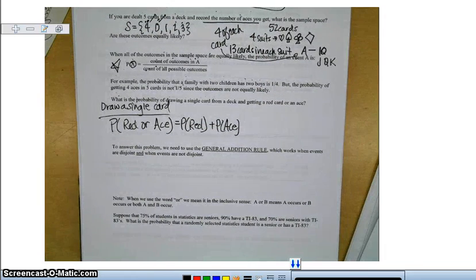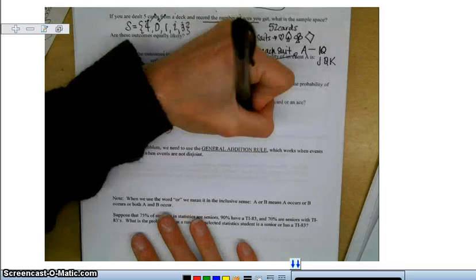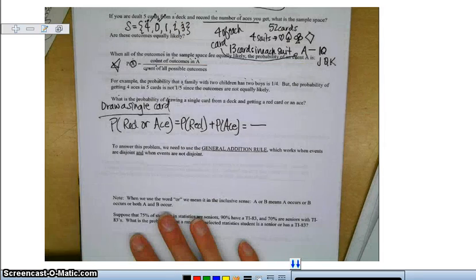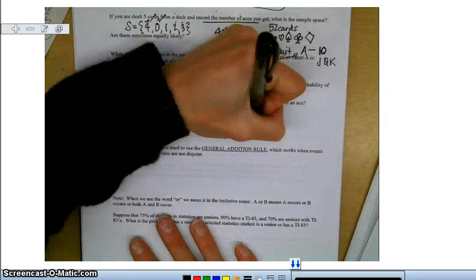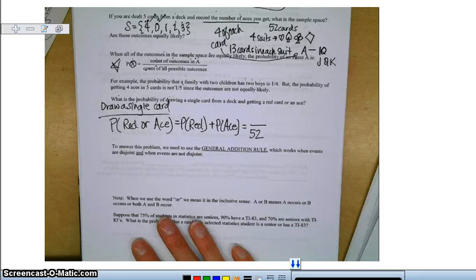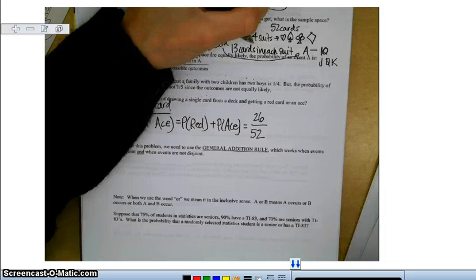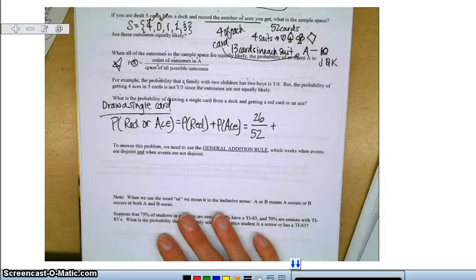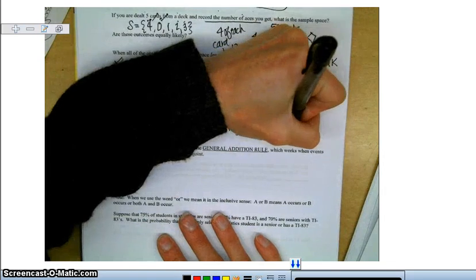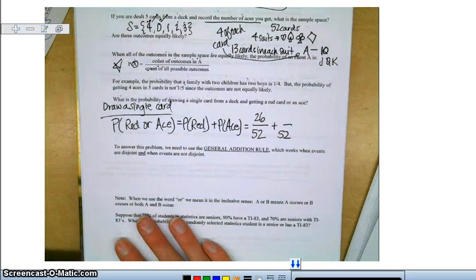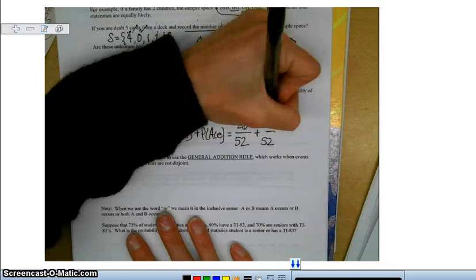How many total cards are in the deck? 52. How many are red? 26. Half the cards are red, half are black. So 26 out of 52. I'll reduce that later. Plus the probability of getting an ace: out of the 52 cards, 4 are aces.